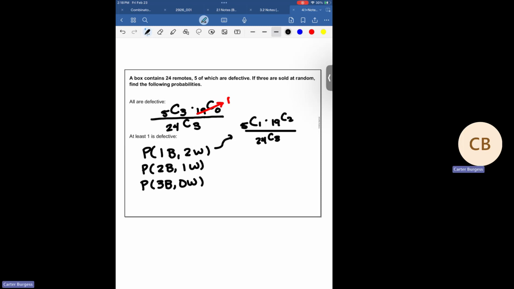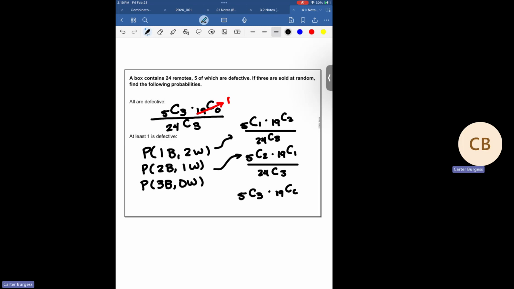Very snappy. For having two that are broken and one that works, what's that going to look like? Perfect. And for having zero that work, well, we already did that, right? That's the one we calculated for part A. That was 5 choose 3, and we can include it while we're here.